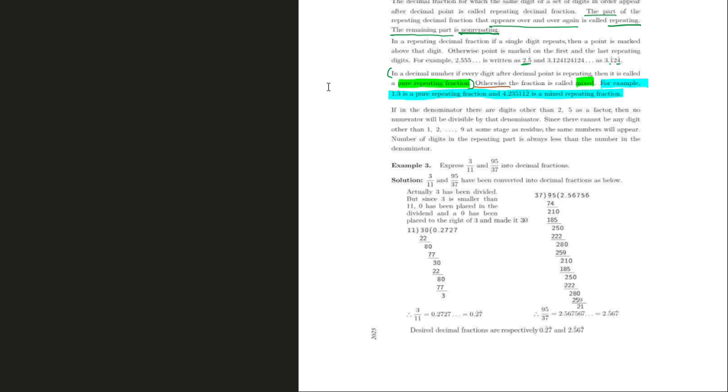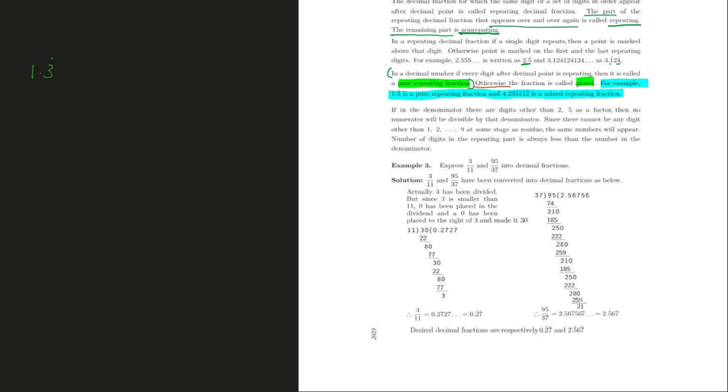So in a decimal number, if every single digit after decimal point is repeating, then it is called a pure repeating fraction. Otherwise, that fraction is called a mixed one. For example, you'll see that 1.3 is a pure repeating fraction, or sometimes written like this.